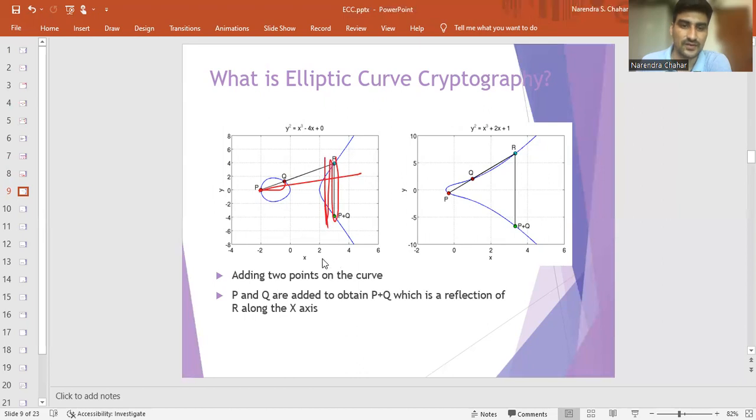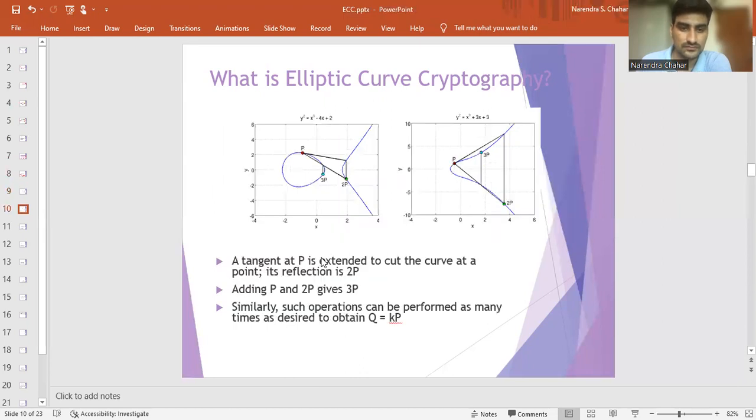Then a tangent at P. Adding P and P gives 2P, and 2P plus P gives 3P. Similarly, such operations can be performed as many times as desired. Now a triangle will be built just like this.